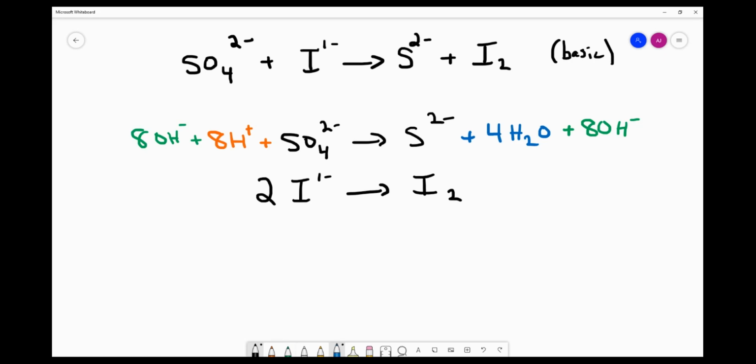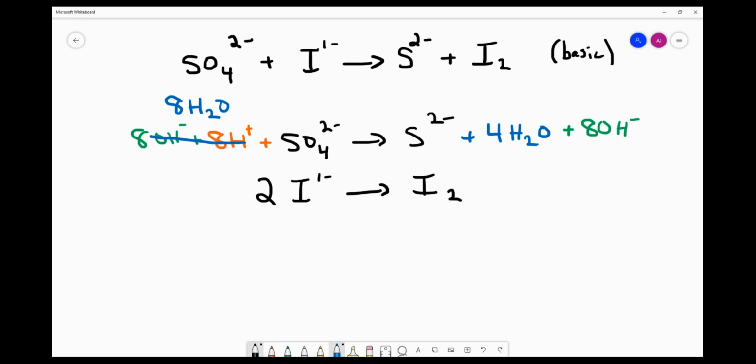So we're going to rewrite this as 8 water molecules. Note that we haven't changed how the equation is balanced, but now we have an equation where we have an excess of hydroxide ions, like in a basic solution, rather than an excess of hydrogen ions.